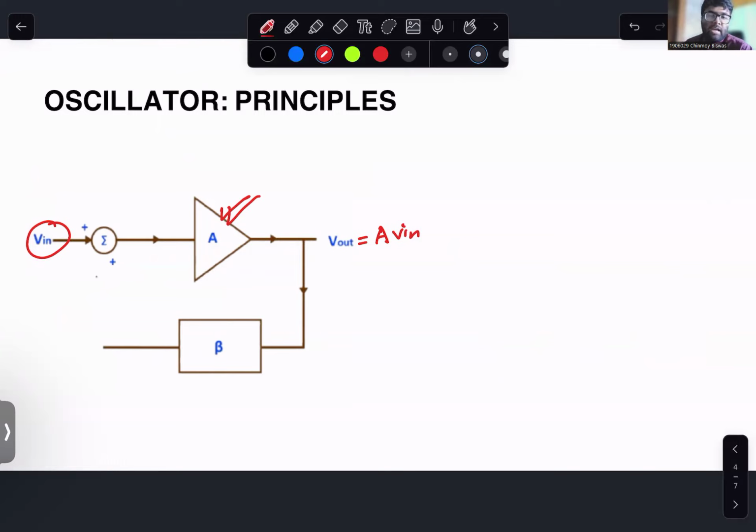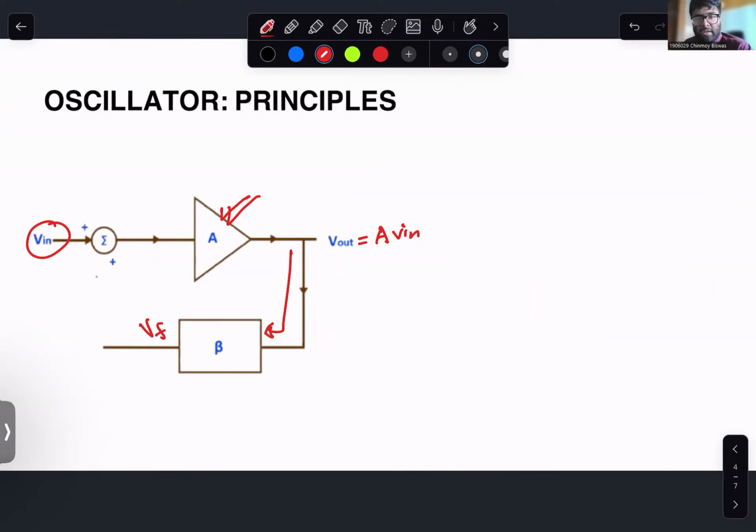Now let's say the output signal is given as an input to the feedback circuit. Now usually the feedback circuit can be modeled as a frequency selective circuit or a resonance circuit. And let's say the output of this feedback circuit is equal to Vf.